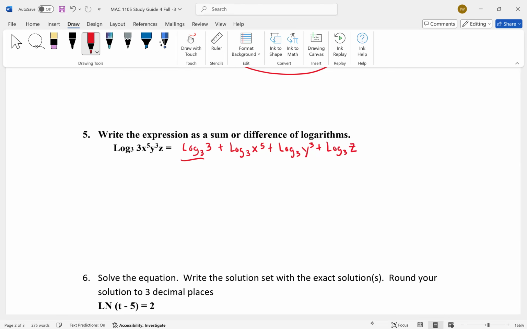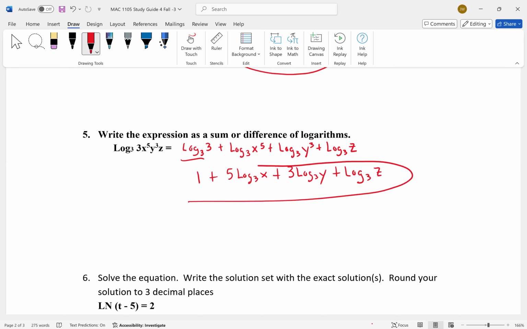Okay, this is 1. This becomes 5 times the log base 3 of x plus 3 times the log base 3 of y. And there's nothing more we can do to the last one, so log base 3 of z. That's what I'm looking for.